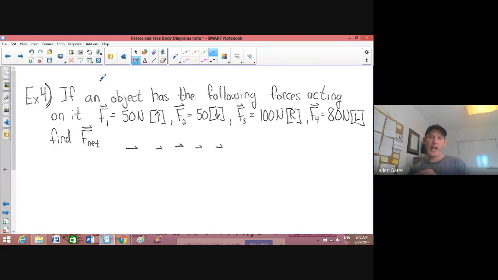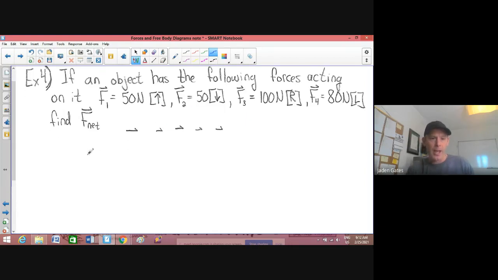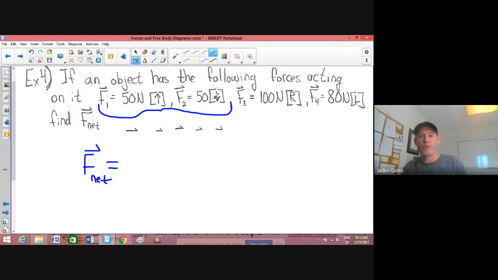All right, so let's see what else we got here. If an object has the following forces acting on it, F1, F2, F3, F4, find F net. Same idea here. This time we have up, down, right, and left. Whoa, okay. So let's see here. Now, if I'm finding F net, we just don't have a straight line here, but if I add F1 and F2 together, you can see that I have 50 newtons up and 50 newtons down.